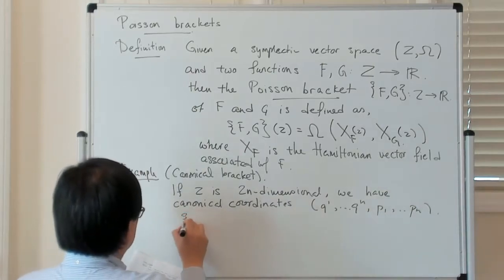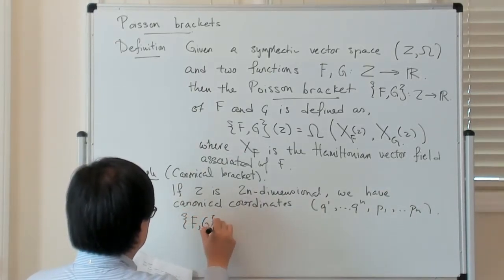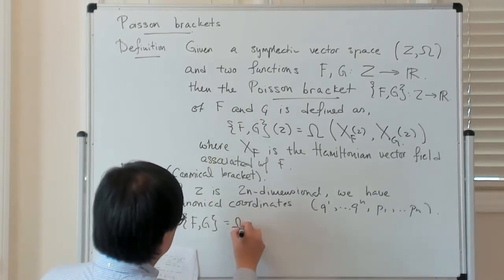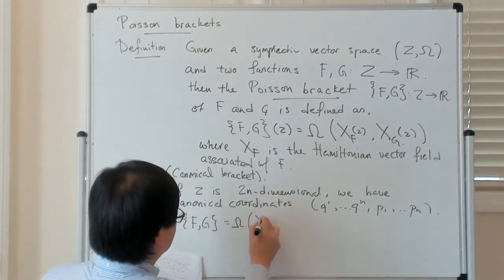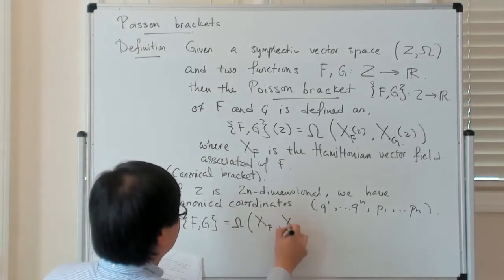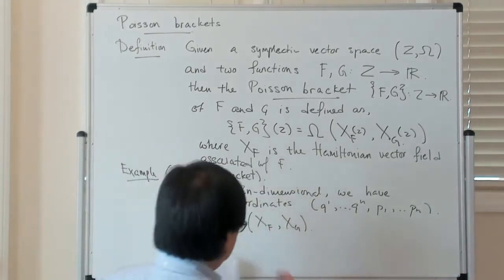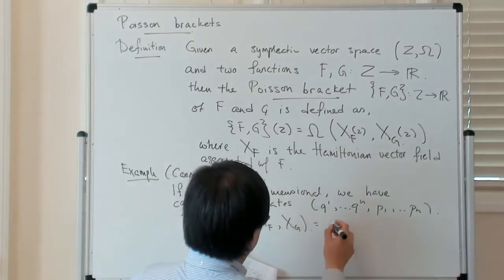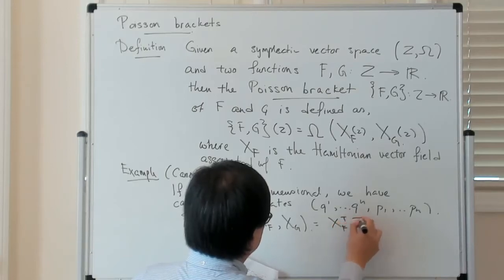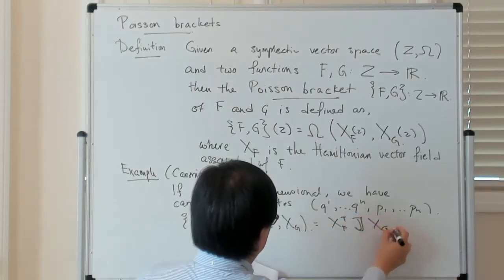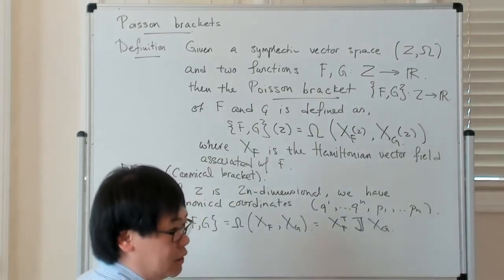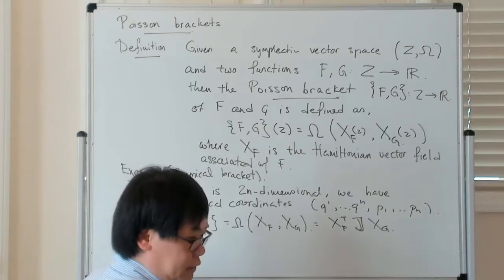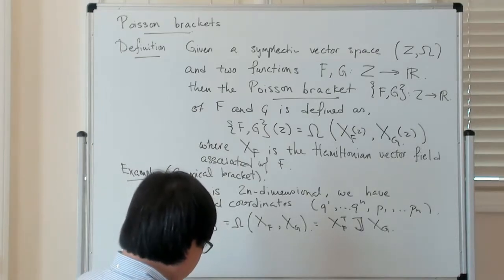And so the Poisson bracket of f and g is equal to the symplectic form applied to Xf and Xg. I'm going to write this in my bilinear form notation. So this is Xf transpose J matrix Xg, and I know what Xf and Xg look like just from the form of Hamilton's canonical equations.